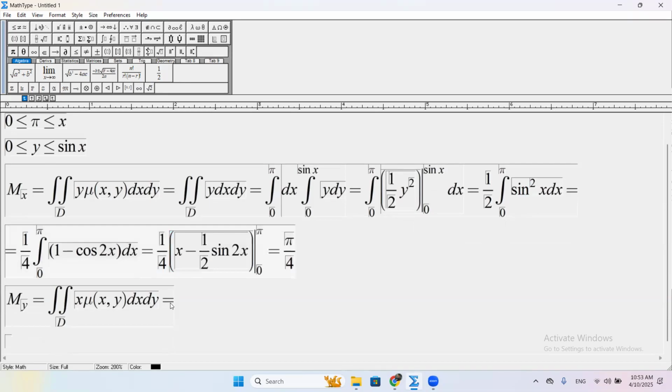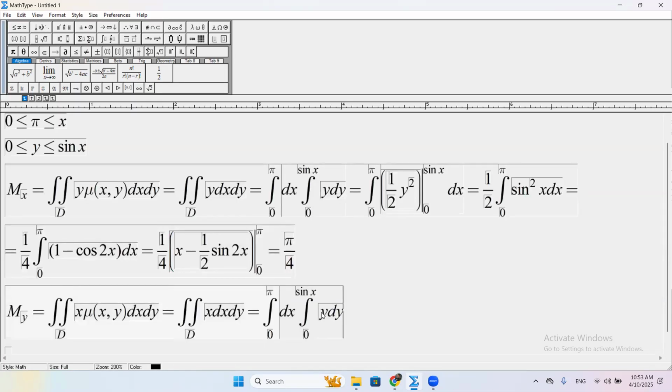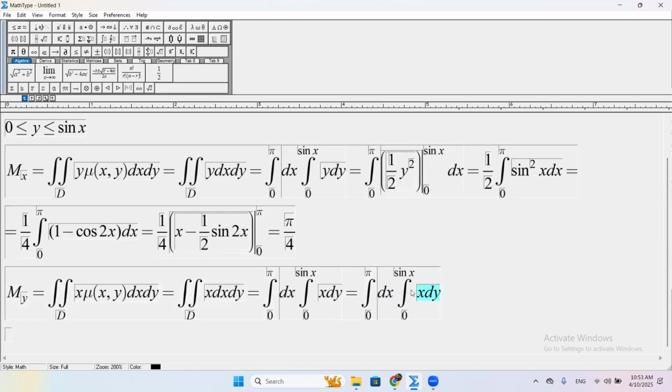And what about y? In this case, we multiply by x, and the limits of integration are actually the same, but we have the following. Let's move x to the outer integral. We can do it. And now we will substitute y.